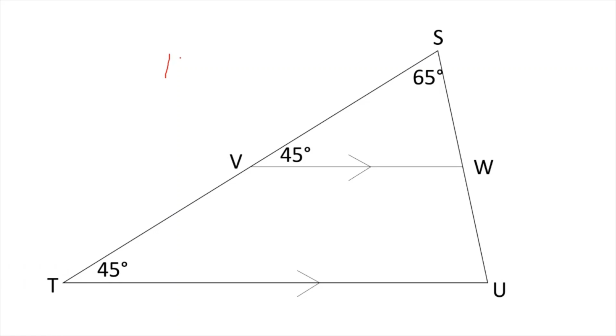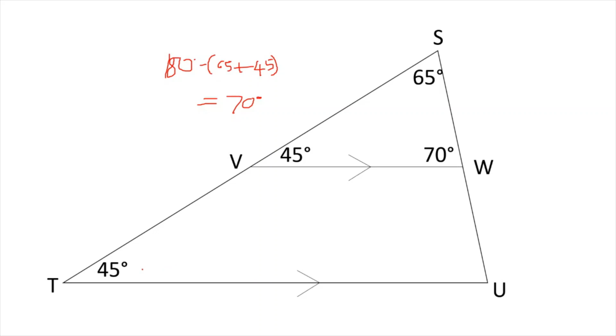So that's going to be 180 degrees minus 65 plus 45, okay, which is going to give us 70 degrees. So the value for this one is going to be 70 degrees.